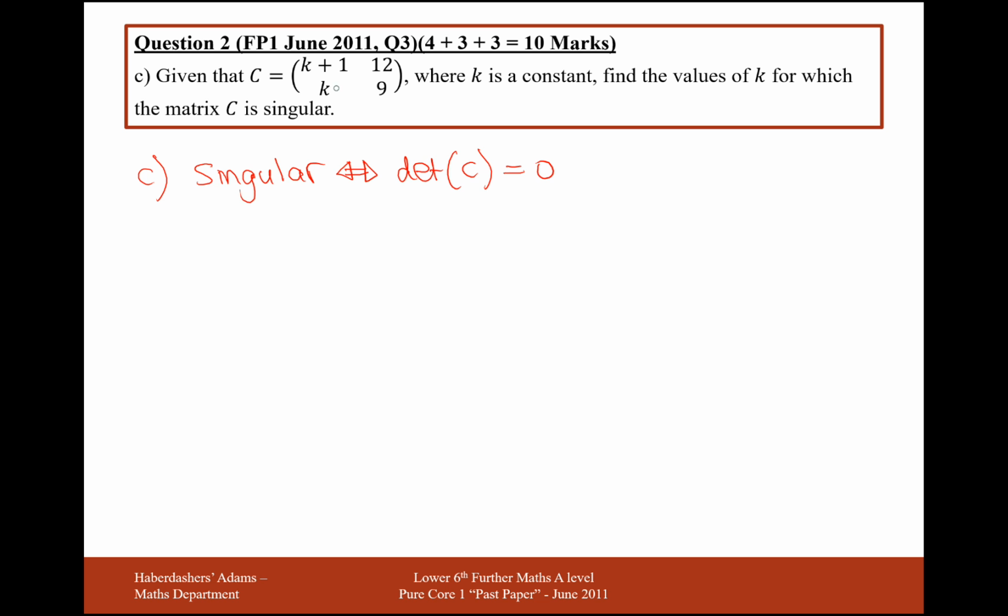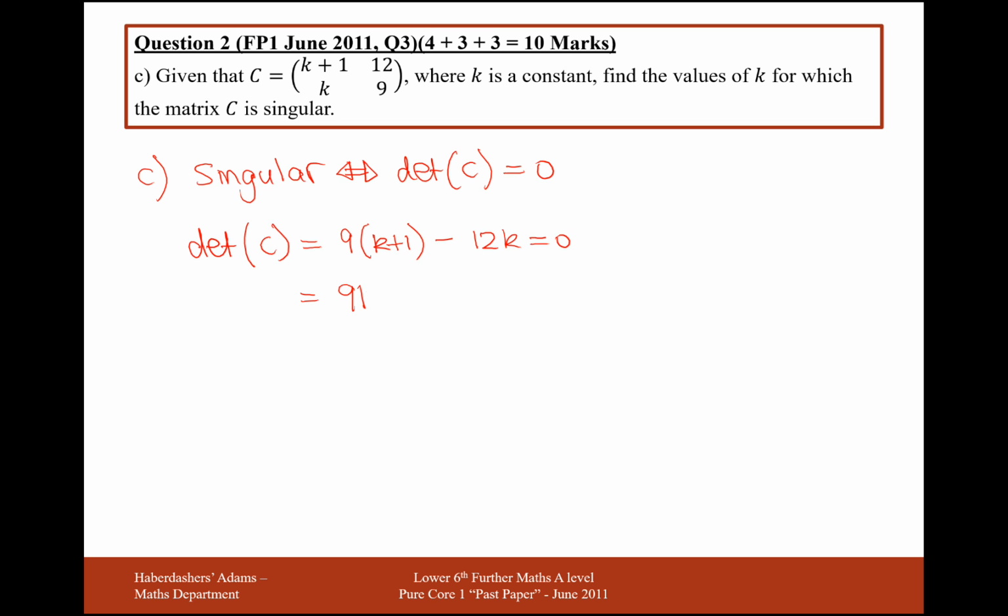So the way that I work out the determinant of a matrix is to do the leading diagonal multiplied together, take away the other two values multiplied together. So 9 lots of k plus 1, take away 12k equals 0.